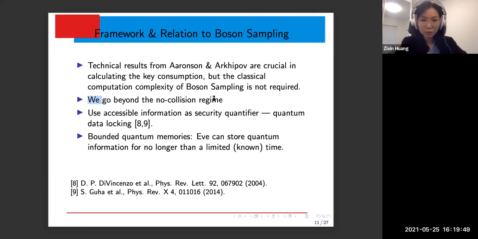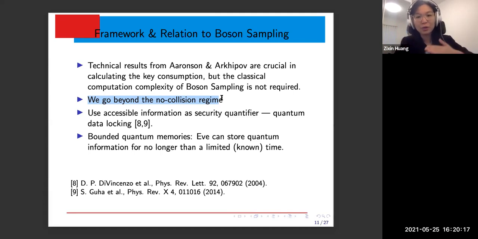So we go beyond the no collision regime. What does this mean? When you're performing Boson sampling, the assumption is that because you have a much larger number of modes compared to the number of photons, the probability that 2 photons end up in the same mode is suppressed. So with very little probability, you end up with 2 or more photons.